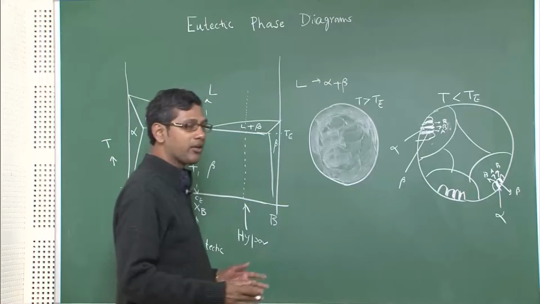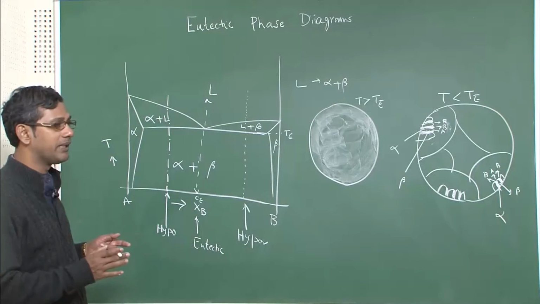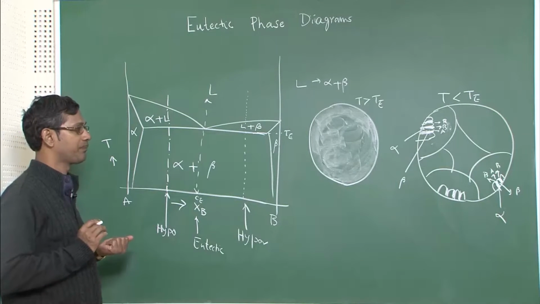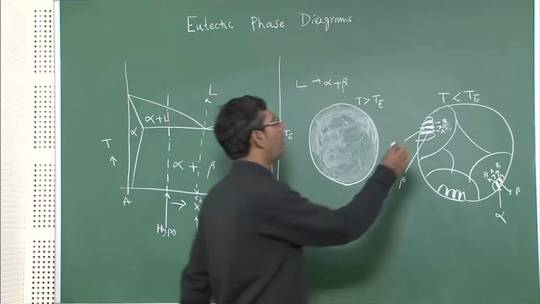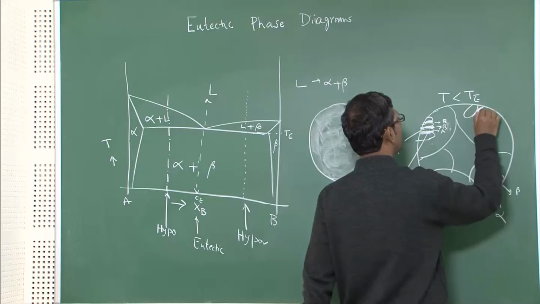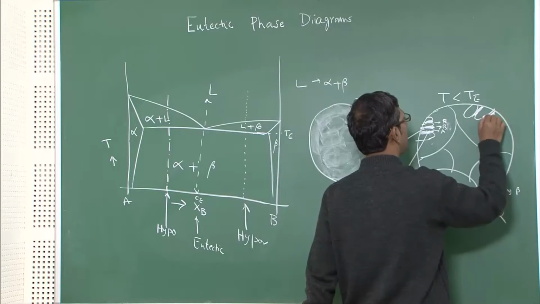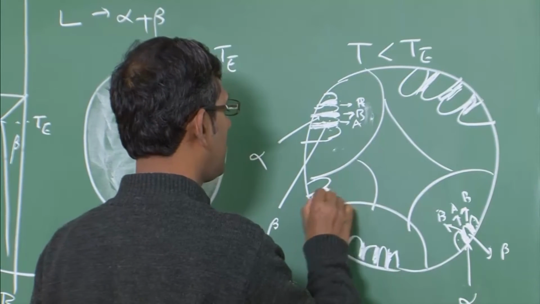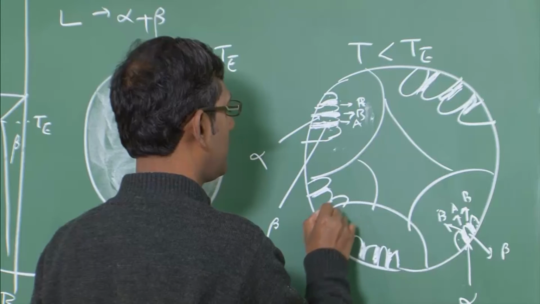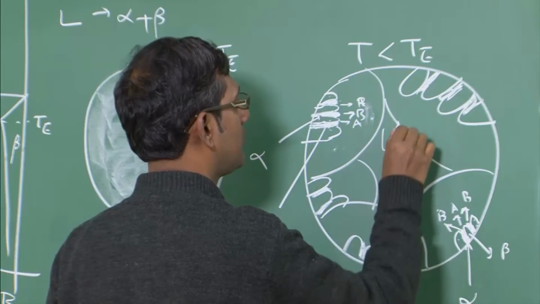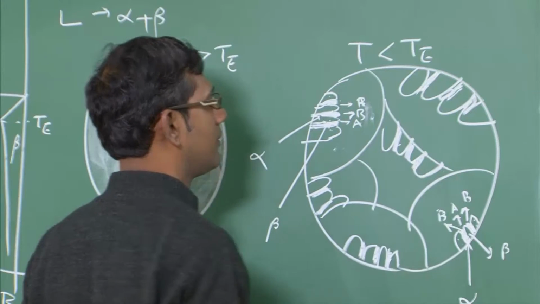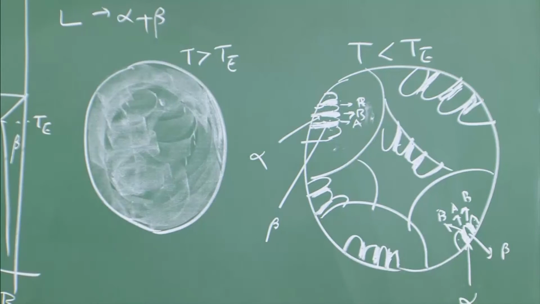So it does not matter whether you nucleate alpha or beta at the beginning. What matters most is that you form a lamellar structure. This is what will happen in all the cases. Alpha beta, beta alpha, like that, and you form the whole microstructure.